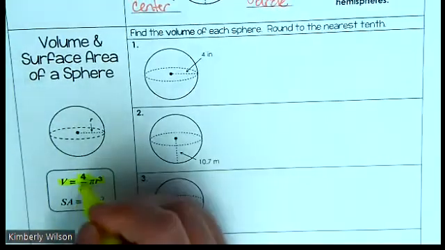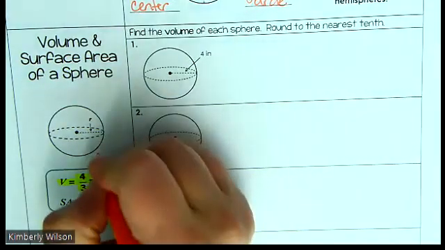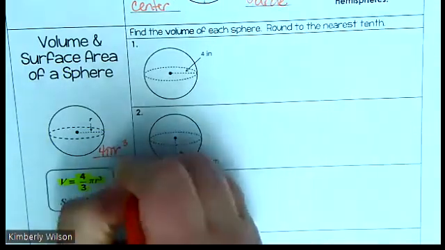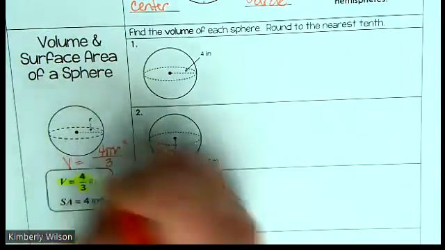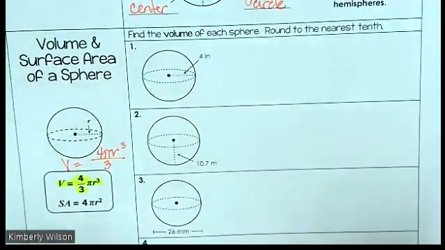Well, in all honesty, guys, I don't use that formula. The one that I prefer is 4 pi r cubed all divided by 3. I like this one better, but it's your choice. This is the one that I will use when we're in here.